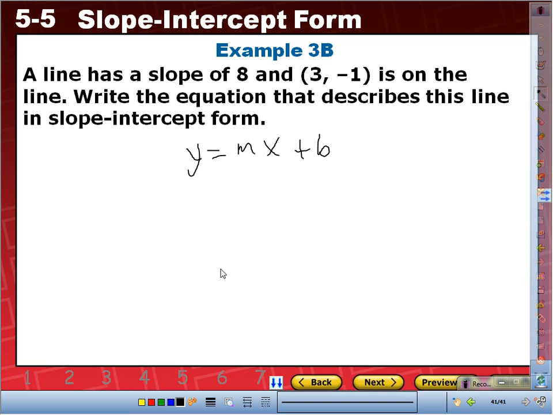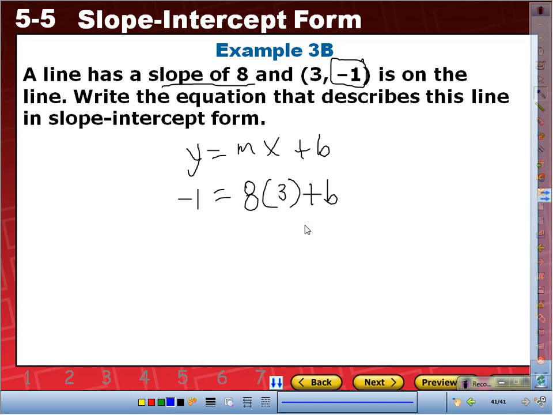Okay? From there, what would be the very next thing we do, Priscilla? So, substitute the numbers. So what is y? y is negative 1. What is m? 8. Okay. What is x? 3. And I bring down the plus b.